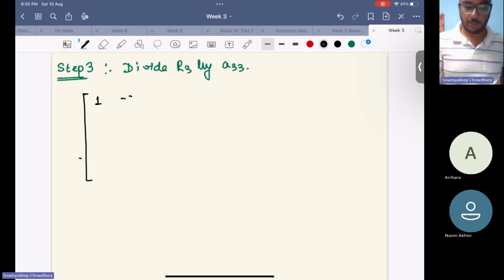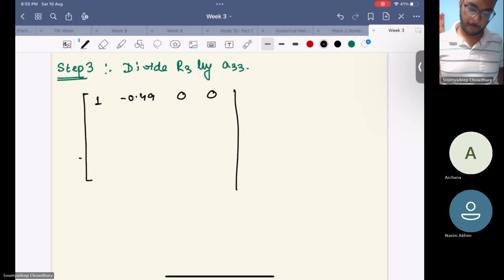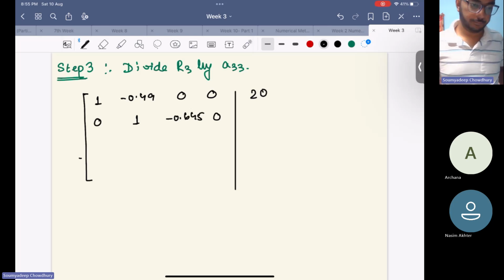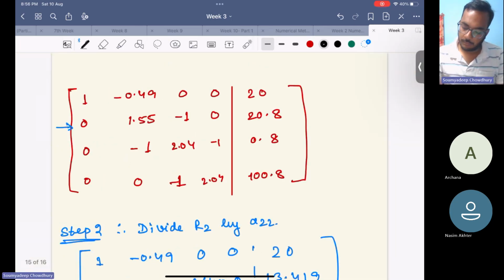So you'll get 1 minus 0.4900, 20, 0, 1 minus 0.6450, 13.419. Now, if we divide the third row by A33, A33 is 1.395.